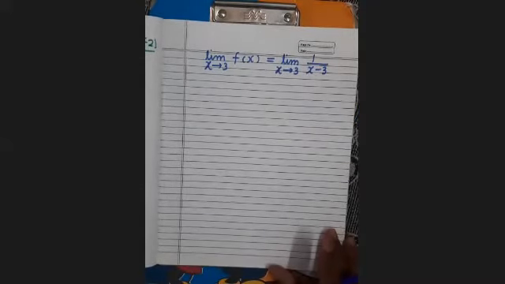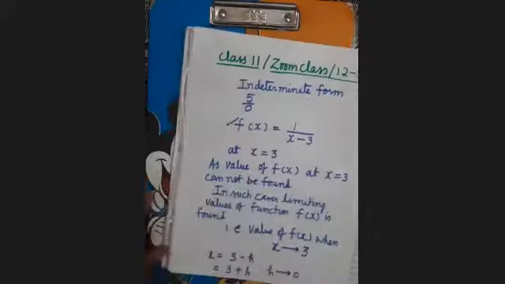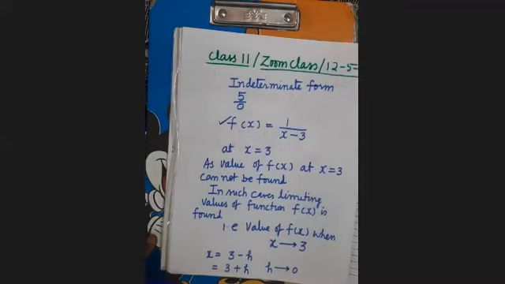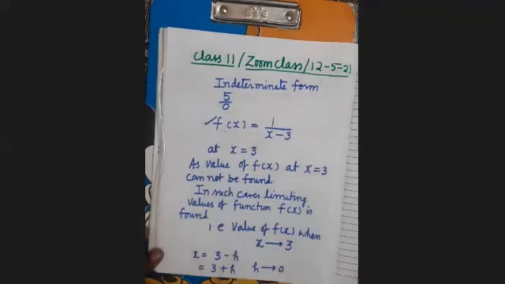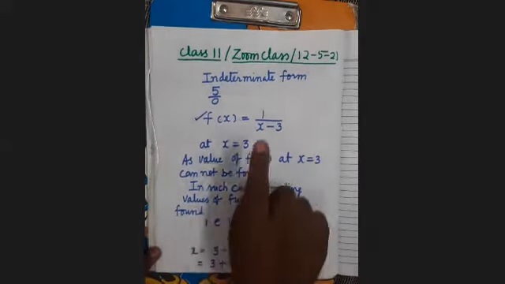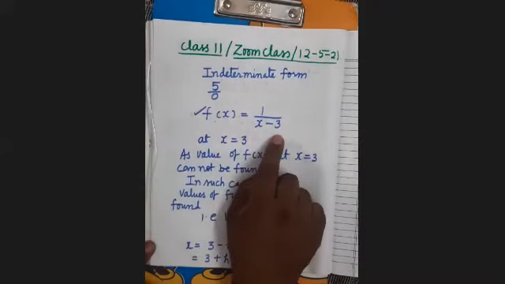It's clear. For example, if you have to determine its value at x equals 5, there is no need to determine the limiting value. Why? Because the function is defined at x equals 5. It becomes undefined at x equals 3.